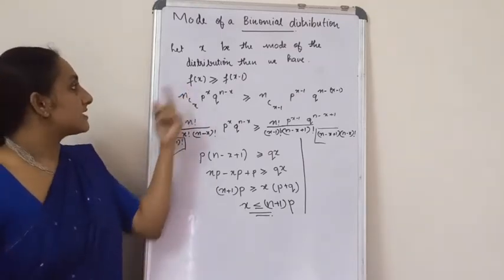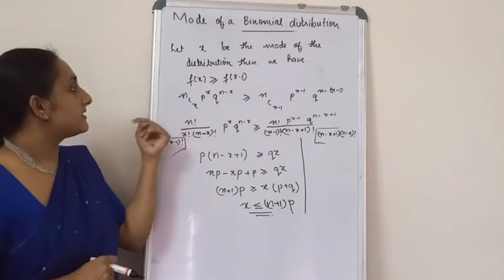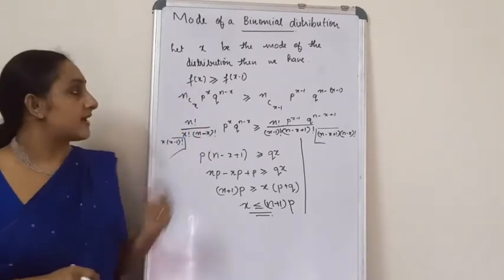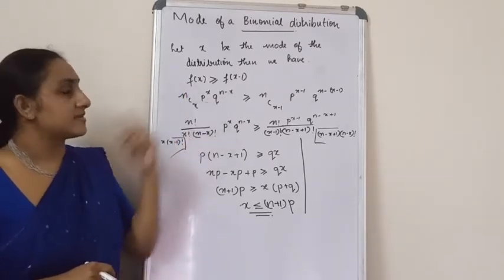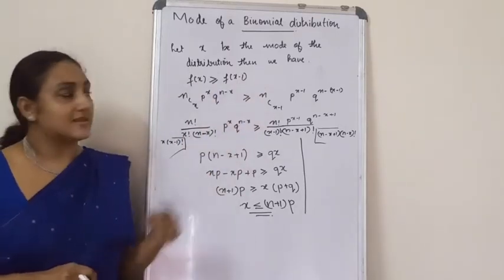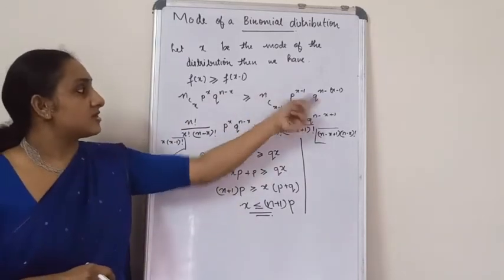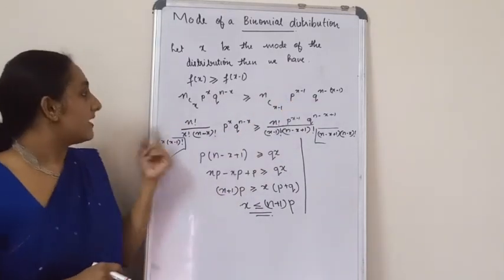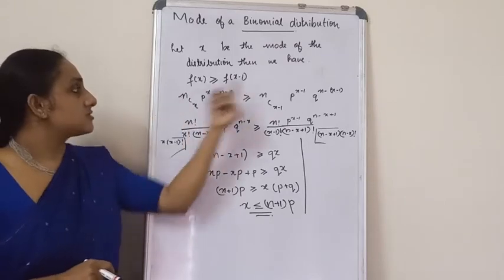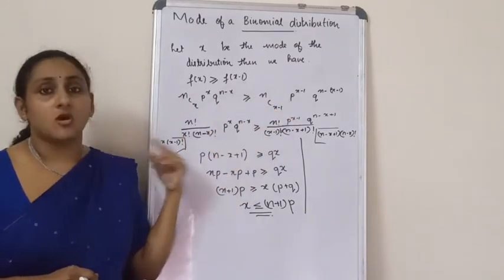The first inequality is f of x is greater than or equal to f of x minus 1. In this case, instead of f of x you can write nCx p raised to x q raised to n minus x, greater than or equal to, instead of f of x minus 1 you can write nC x minus 1 p raised to x minus 1 q raised to n minus x plus 1. You will have to cancel certain common terms over here.